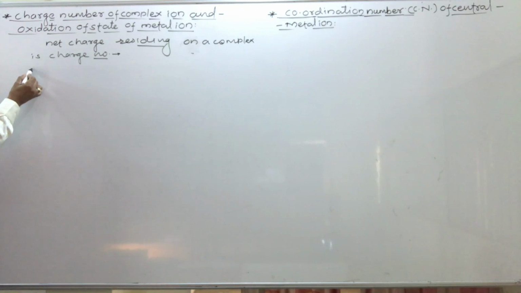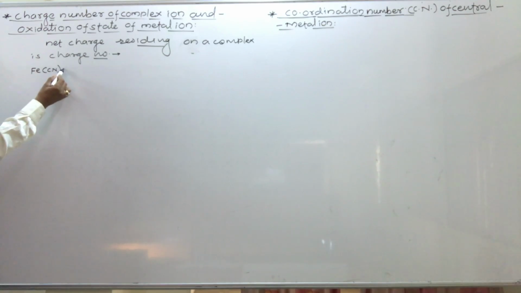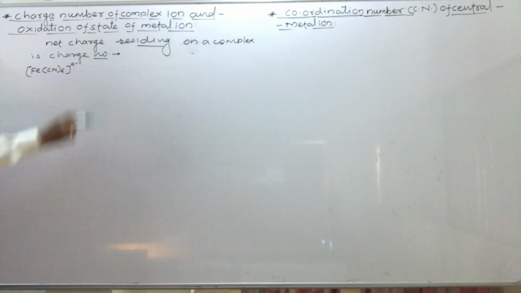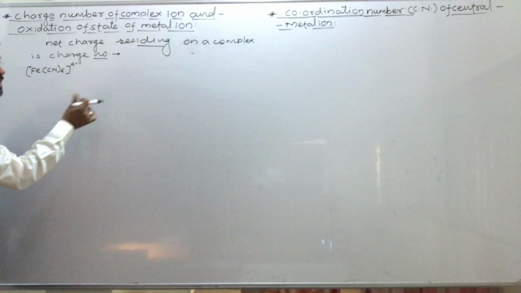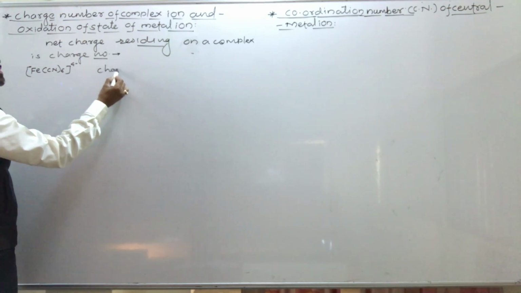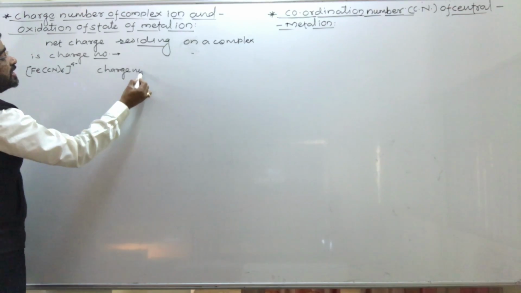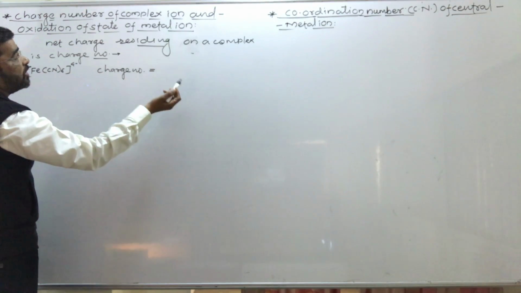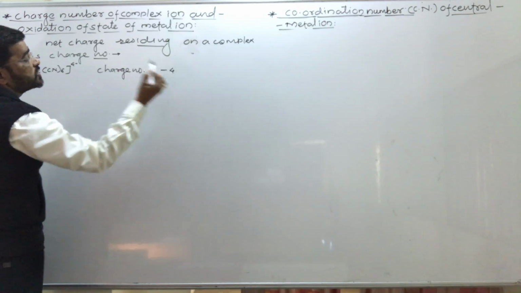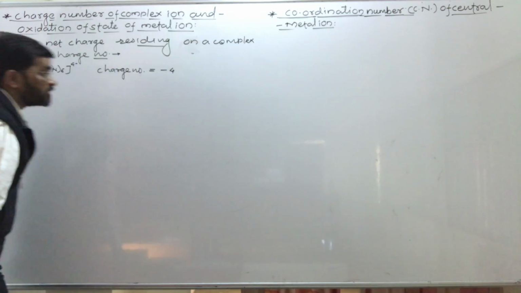For example, see here [Fe(CN)6], here a 4 minus charge is present on this complex. So the charge number on that complex ion is minus 4.